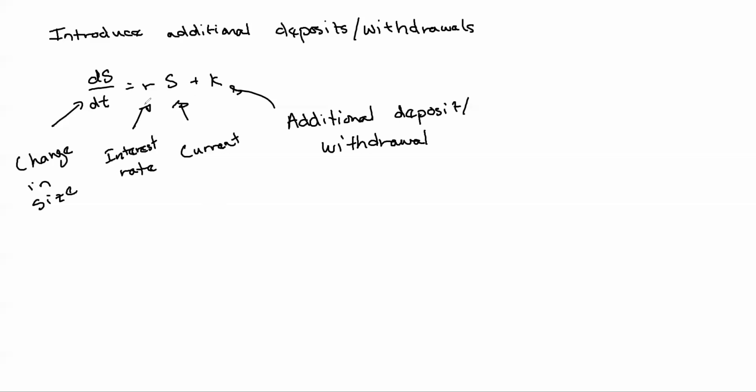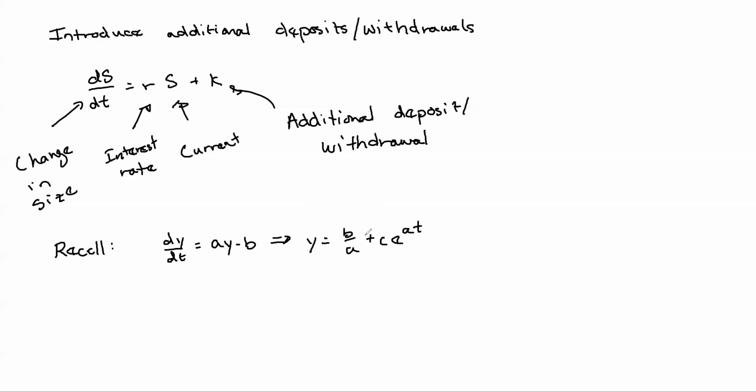So anyway, this could model a more complicated situation where we have additional deposits or withdrawals. All right, so let's say we wanted to solve this differential equation. We can recall from an earlier video that if we have dy/dt equals ay minus b, then this produces y equals b over a plus c e to the at as the solution to the differential equation.